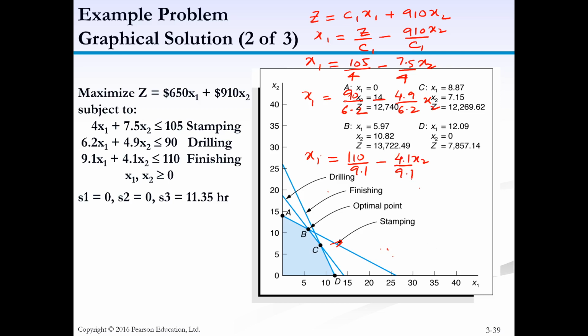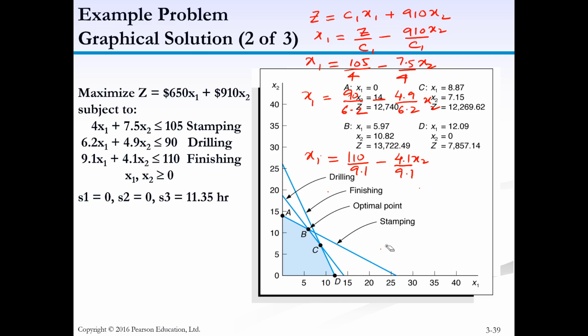Now we equate the objective function slope with the slopes of these three constraints to find the range, how much the objective function coefficient changes such that the optimal point remains optimal.